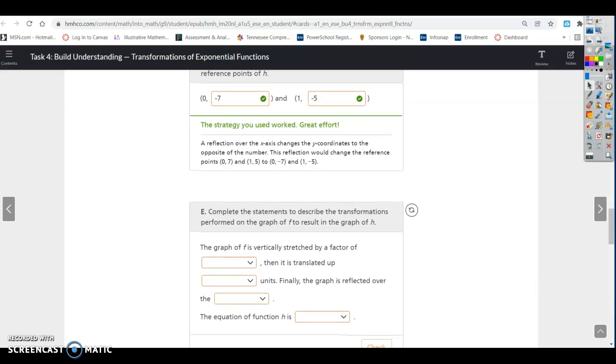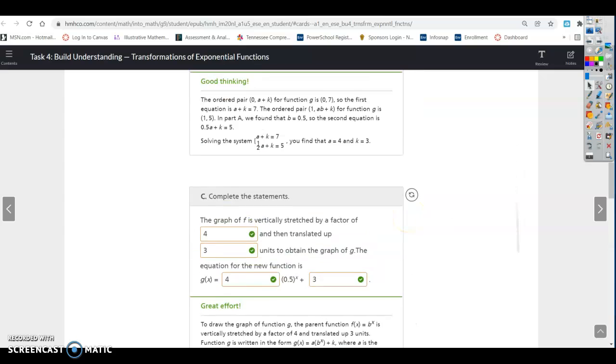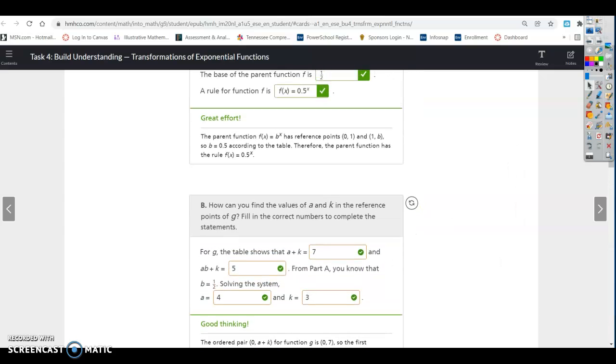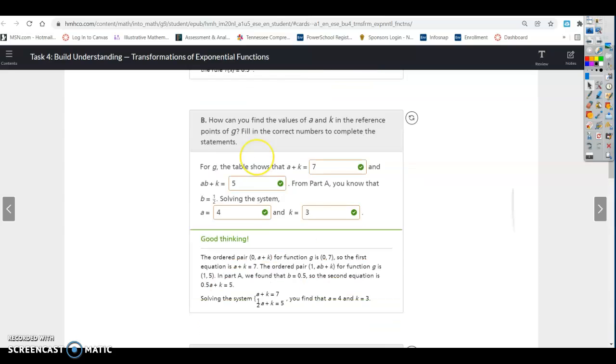All right, it says complete this statement to describe the transformation performed on the graph of f to result in the graph of h. Remember f is the parent function. G was the transformation, and then h was when we reflected g across the x-axis. So we're going all the way back to our parent function. Our parent function is f of x equals 1/2 to the x power.